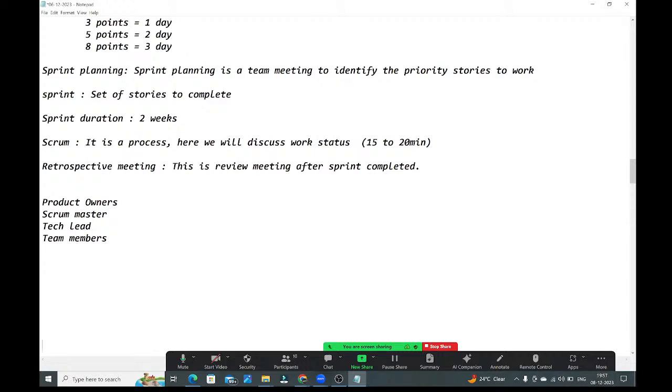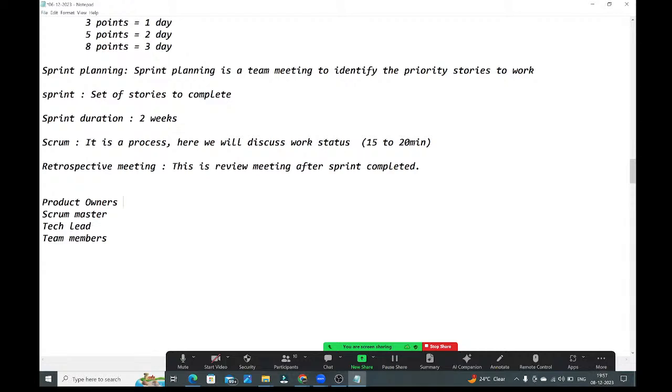Let's start with the product owners. What is the job of the product owner, guys? The product owner is responsible for the deliverables. Right now, 30 stories are assigned in the current sprint. The product owner is responsible to deliver those 30 stories in the first sprint.